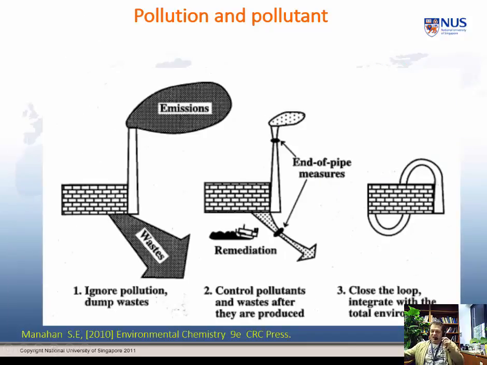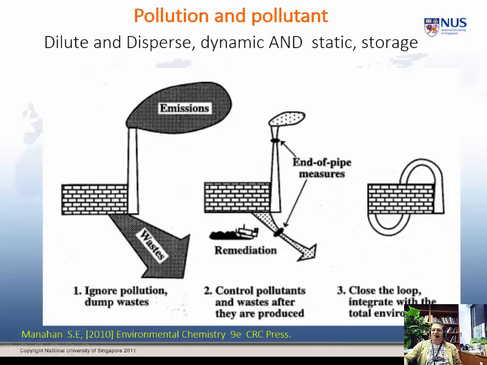Okay, another little Manahan diagram, and really about a bit of history and present in one sense. So you have a process, you're emitting stuff up the chimney, you're discharging stuff into the river or burying it into the soil.